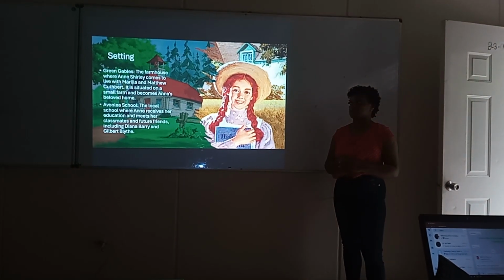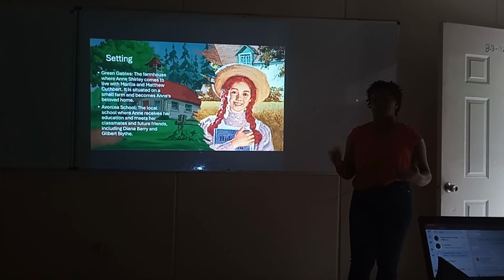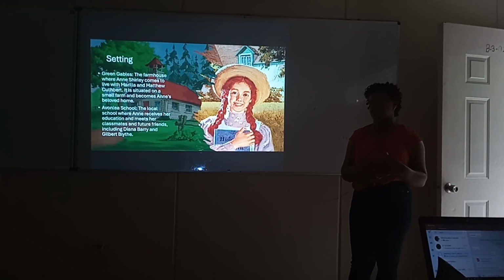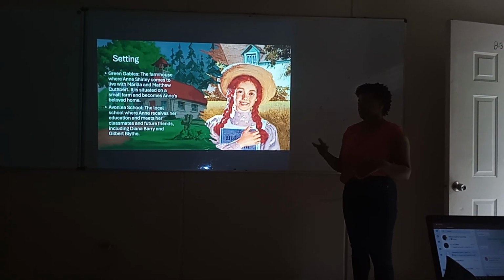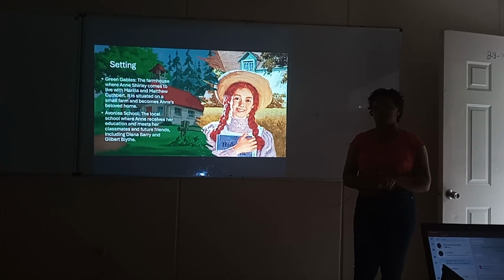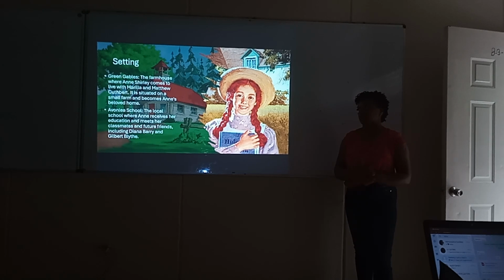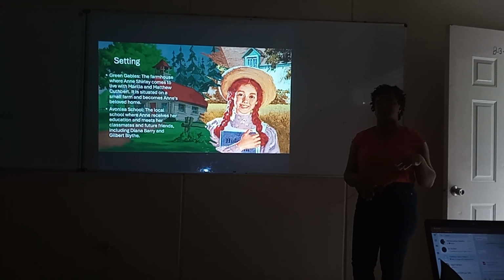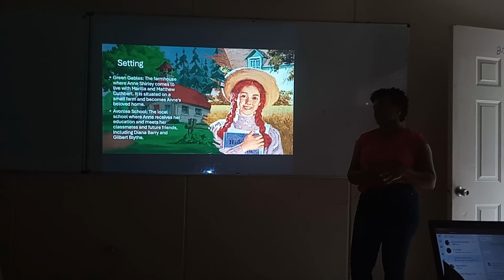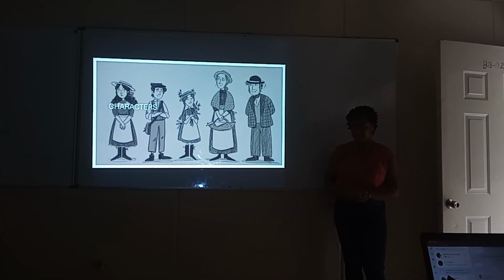Two more places that we can mention are Green Gables, that is the farmhouse in which Matthew and Marilla lived, and the Avon School, the local school where Anne received her education and made her friends like Diana Barry and Gilbert Blythe. Now we're going to continue with the characters.